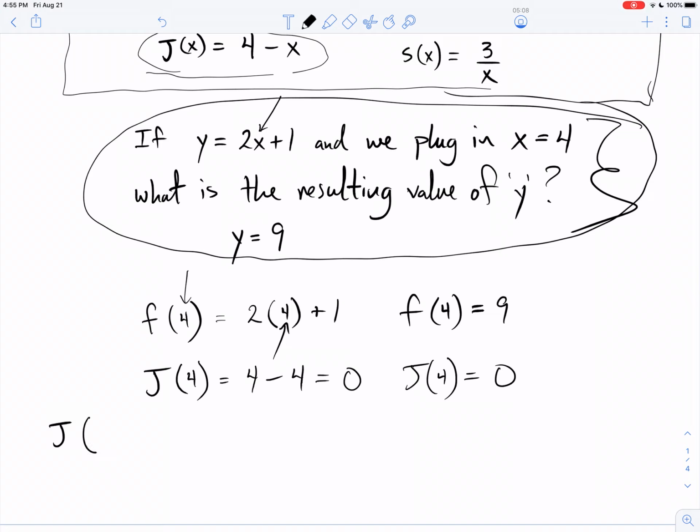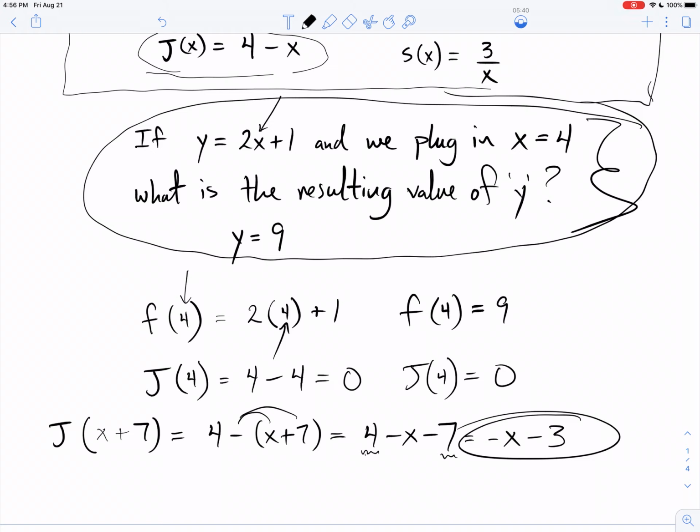So instead of 4 minus x, I'm going to say 4 minus (x plus 7). Can't I distribute the negative then? Sure I could, and I'd get 4 minus x minus 7, but these are now combinable terms, so I could put them together and say negative x minus 3. So what is the result of j of x plus 7? It's negative x minus 3.